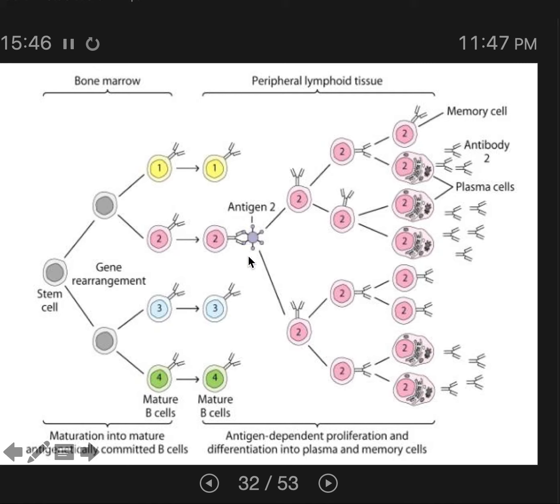So what we're seeing here is what we call a T-independent antigen. It's called a T-independent antigen because it does not need to have activation from a helper T cell to stimulate the proliferation of this B cell. Okay. So some antigens can activate B cells directly in this way, but usually the B cell will need to be activated by a helper T cell before it can proliferate.